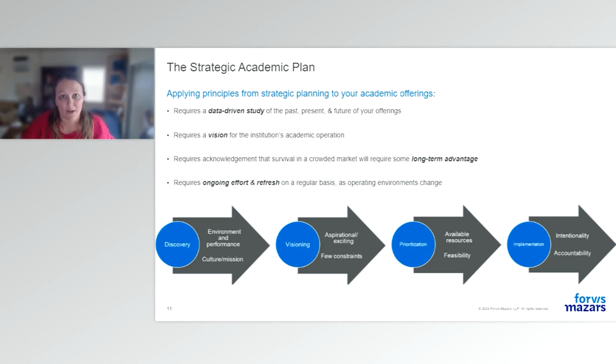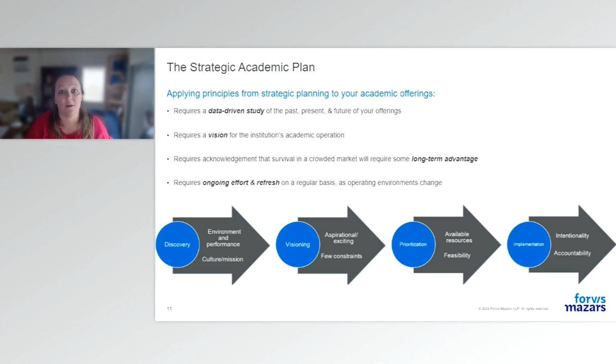The next step in a typical strategic planning process that we argue has to be implemented for your academic programs is prioritization. So you have to understand, okay, we have this vision for the future. We know that vision is aligned with our data and our mission. Now we probably have to put pen to paper and figure out exactly which of these things we can do when.